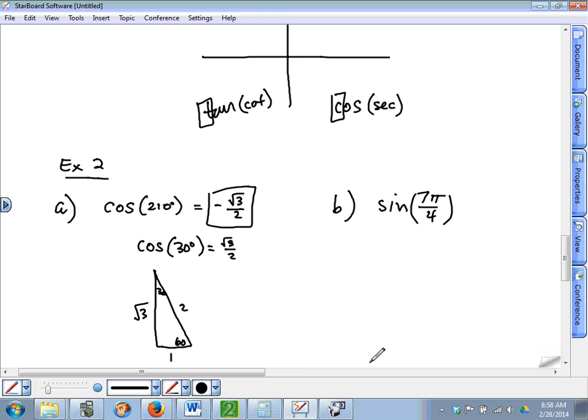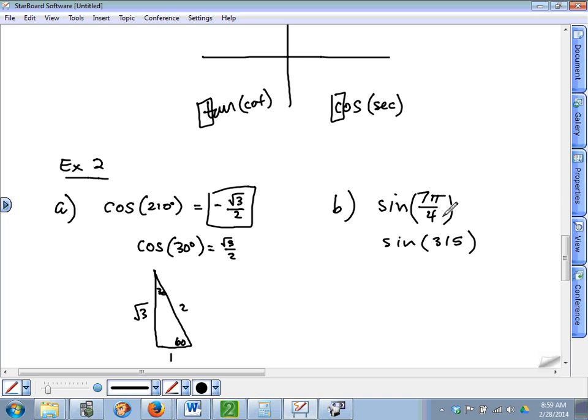The more comfortable you get with radians and fractions, you might not have to. But initially, it's okay. Don't feel bad if you change into degrees. It's normal. But I'm just saying you don't have to. But what is 7 pi fourths in degrees? The reference angle is 45. But 7 pi fourths is 315. So we can now take a look at the sine of 315.